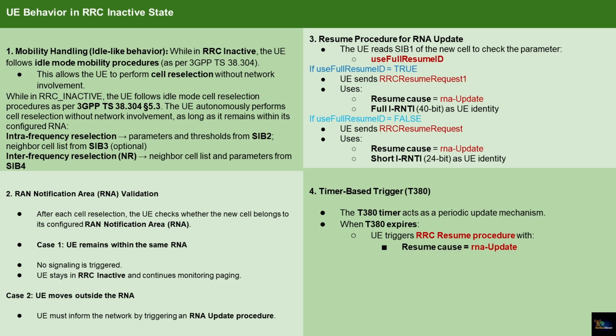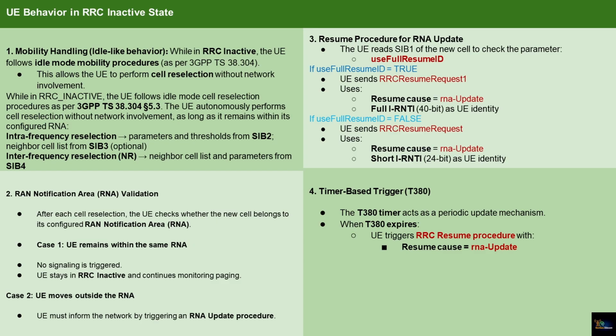This allows the UE to perform cell reselection without network involvement, just like idle. The UE autonomously performs cell selection without network involvement as long as it remains within its configured RNA.